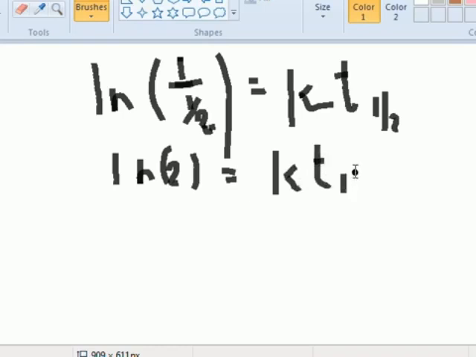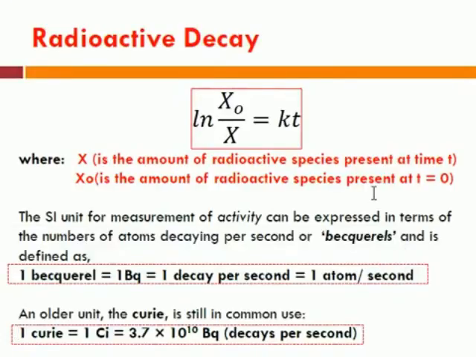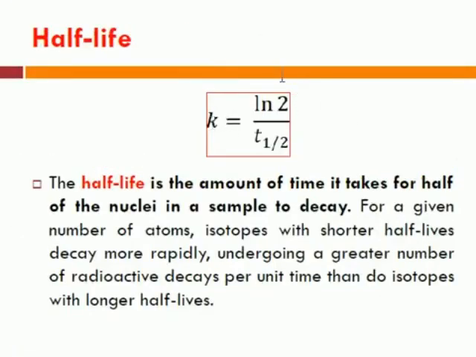If we're going to compute for the half-life, divide both sides by k. Let's go back here. K is equal to ln 2 over the half-life. Based on this formula, if you're going to compute for K, this is the formula. If you're going to compute for the half-life, cross multiply, so this becomes t 1/2 equal to ln 2 over K.